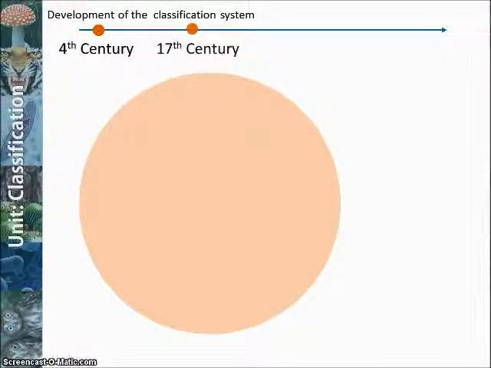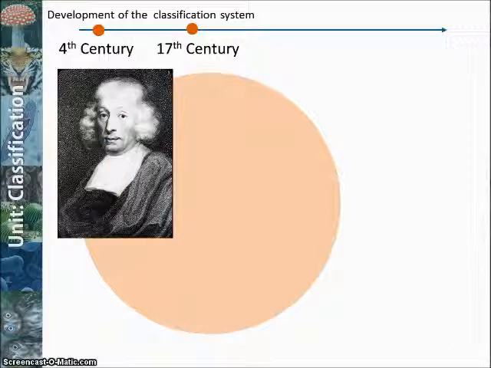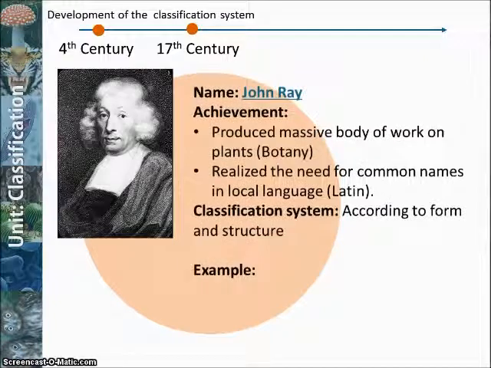The next person worthy of mention is John Ray. He was born in 17th century England and was the son of a blacksmith. Among his many achievements, from the study of fossils to the classification of Mediterranean fish, he produced a massive body of work on plants. While working on classifying plants, he realized that naturalists needed a naming system that transcended language.